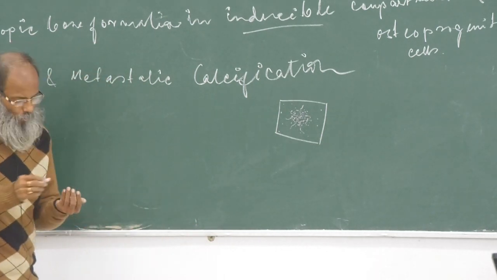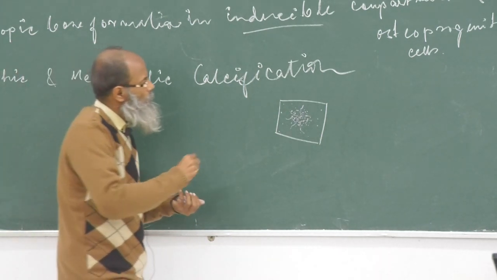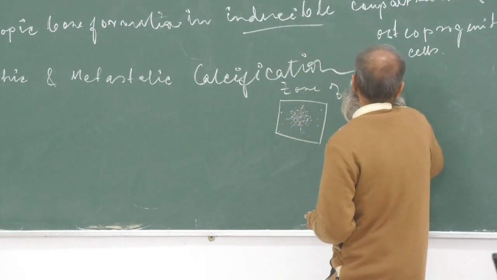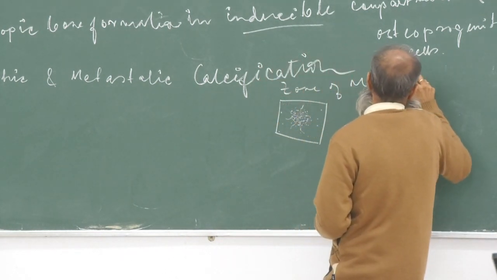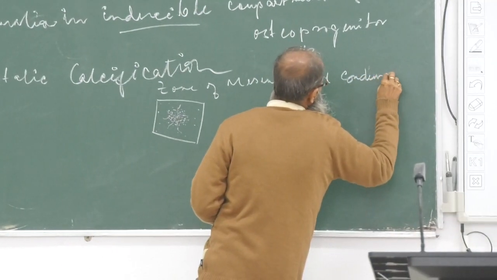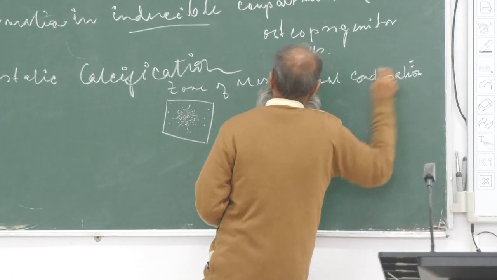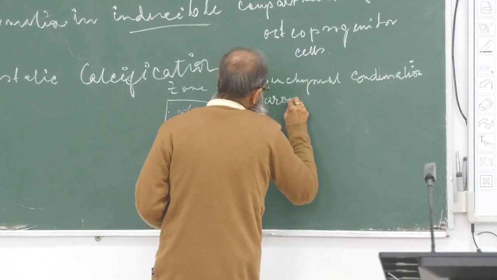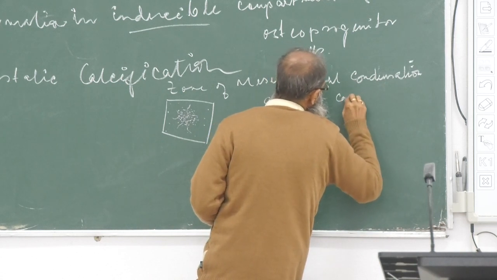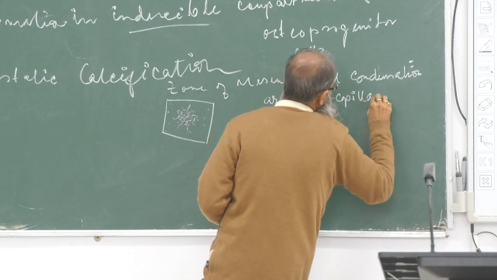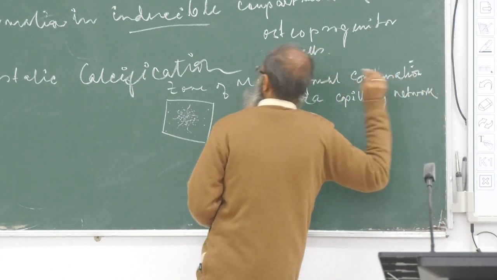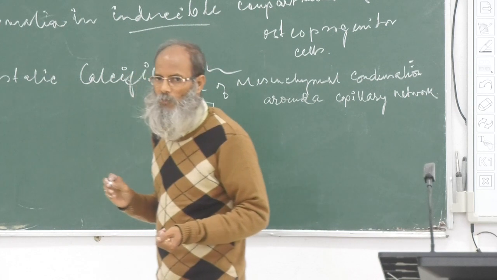ঠিক আছে, so this is zone of condensation, zone of mesenchymal condensation. Around the capillary network. All right.